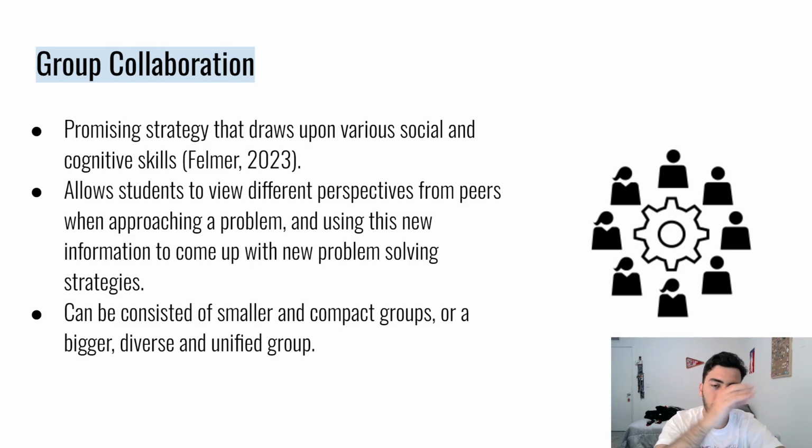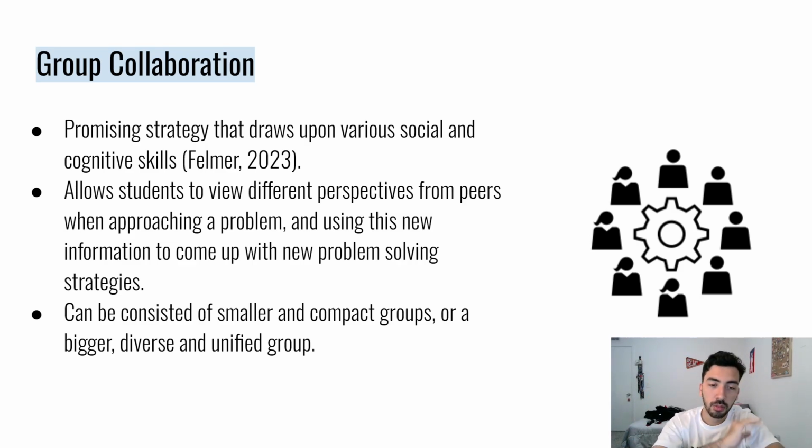So in a group, you have different perspectives, people coming up with different ideas. Let's say I give an idea of how I solve the problem, but then I hear from someone else an approach I didn't know about. So it can open many ideas, many perspectives on thinking when solving that problem.